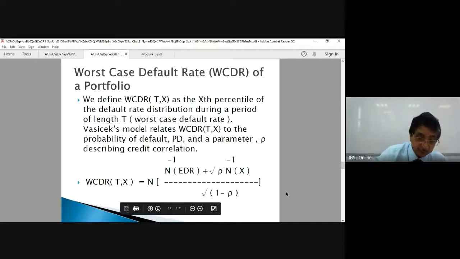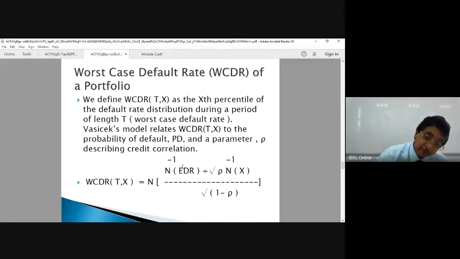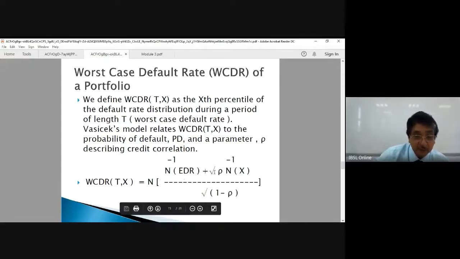First of all, you need to have a good idea about this formula and the notations of this formula. N means you have to get the value within these brackets, and look at the normal curve tables to arrive at that value. N minus 1 means you have to look at the value and see in which position it is in the normal table, and then arrive at that position.